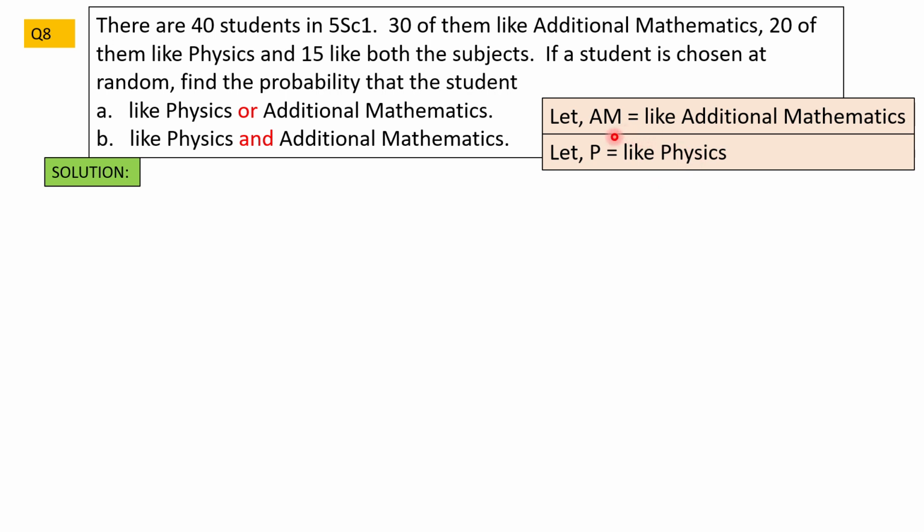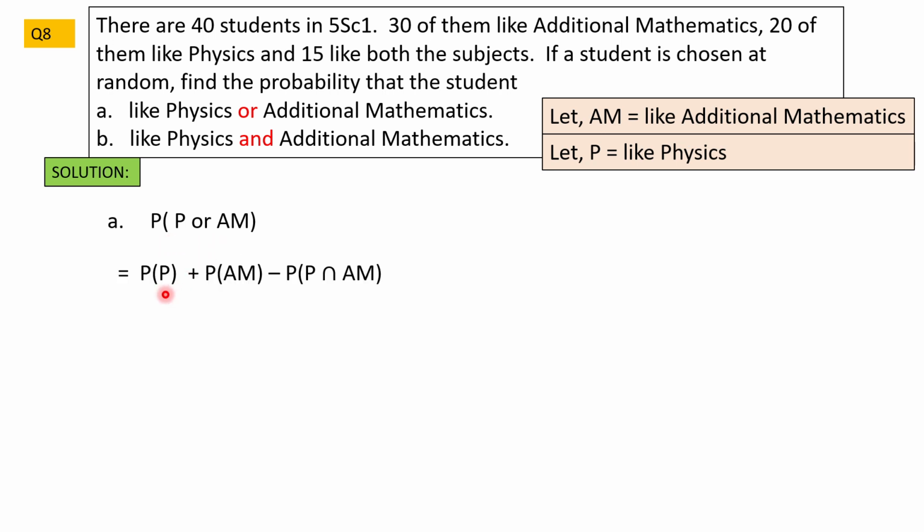We take AM as students who like additional mathematics and P for students who like physics. So for the first question, you are asked to find the probability that a student likes physics or additional mathematics. So you can simplify it as probability in bracket P or AM.